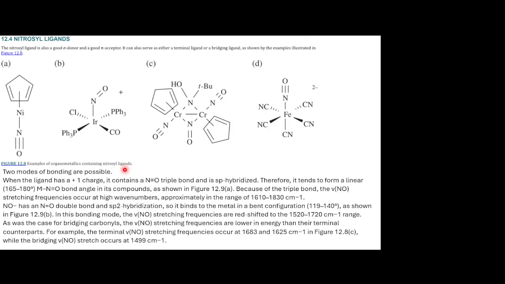So you have two modes of bonding, which we're seeing here. We have one where the ligand has a +1 charge. It's going to have the NO triple bond. It's going to be sp hybridized. And so it's going to tend to form a linear structure where your metal and then nitrosyl is mostly linear-ish.